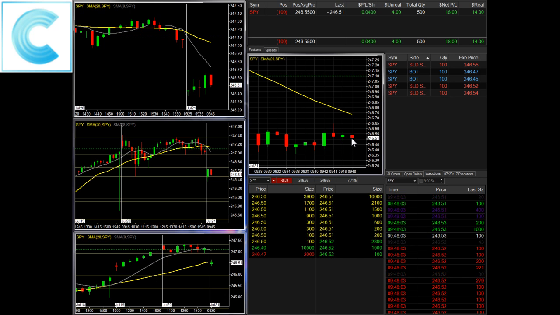All right, so here's another red bar, and that one looks a little bit stronger. There was purple that went through on the time and sales, and I'm going to add 2 more lots to this, as it just broke the low of the prior bar.